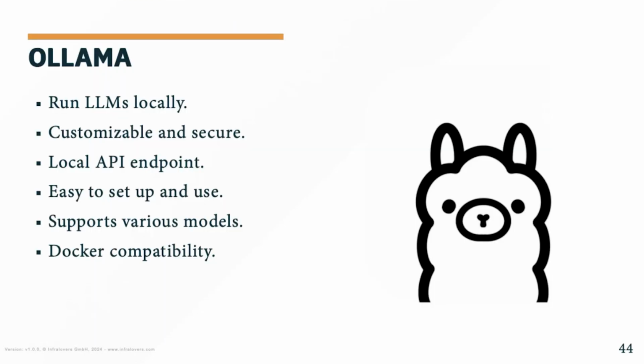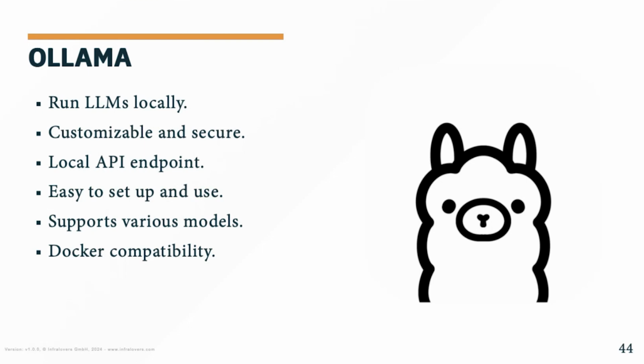So, as I've just mentioned, with Ollama, we can run large language models locally on our own devices or our own server infrastructure. And because it runs locally, it provides a very flexible and secure environment for running these models with a local API endpoint, which can be accessed by your applications, for example.